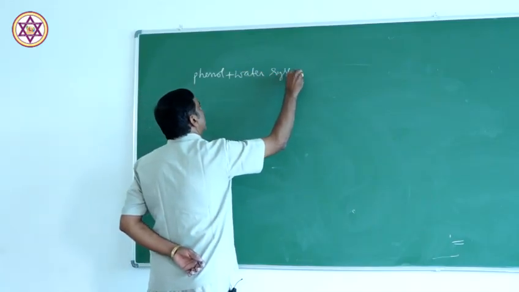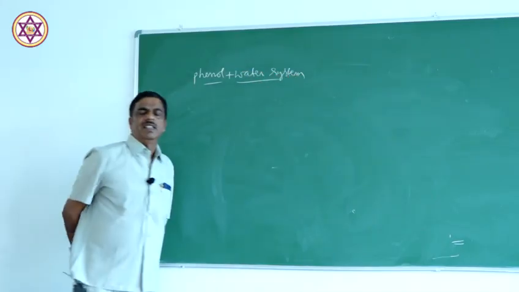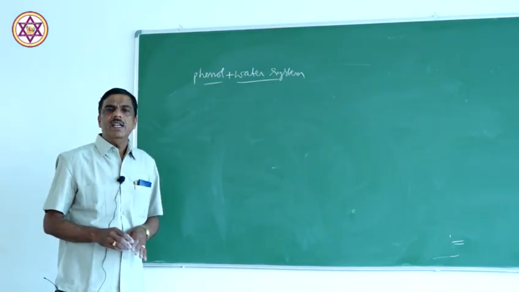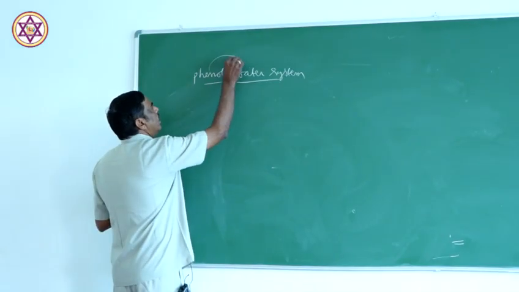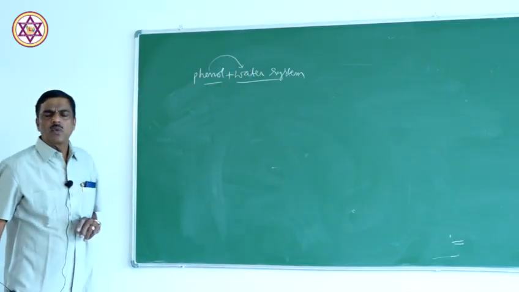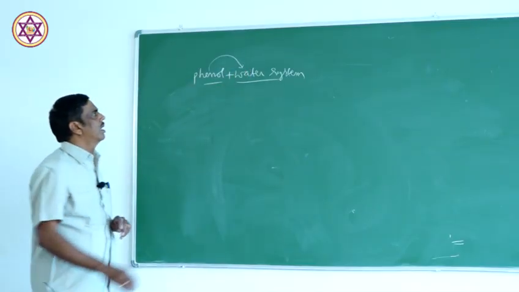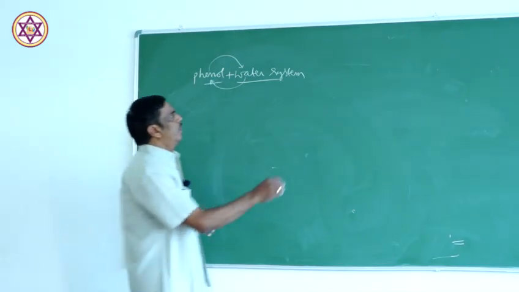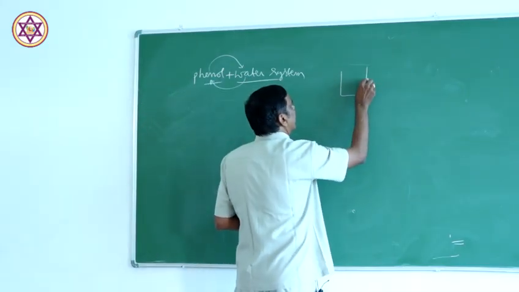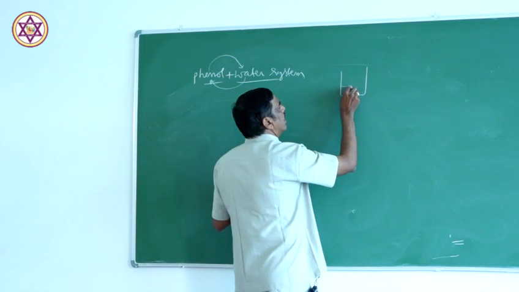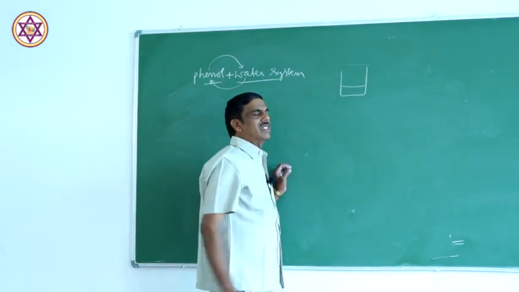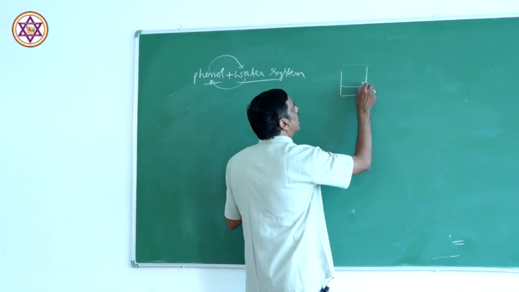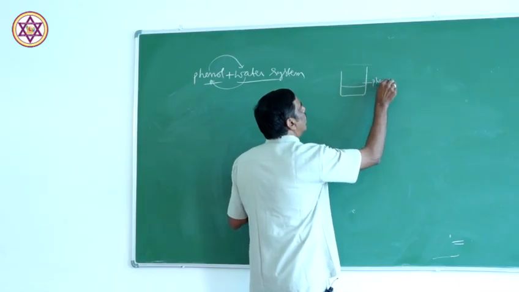What is this phenol water system? What happens here? If you mix equal volumes of phenol and water, a small amount of phenol is soluble in water, about 4% of phenol. A small amount of water is soluble in phenol. Now, if you take this mixture in a beaker, you will see two layers: a water layer and a phenol layer.